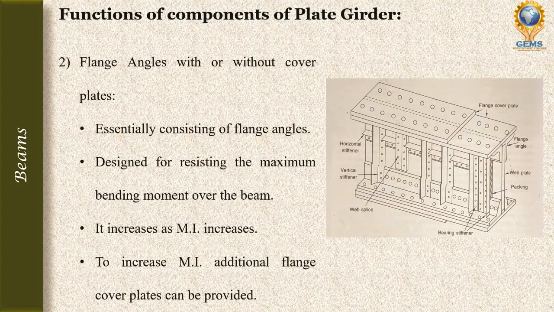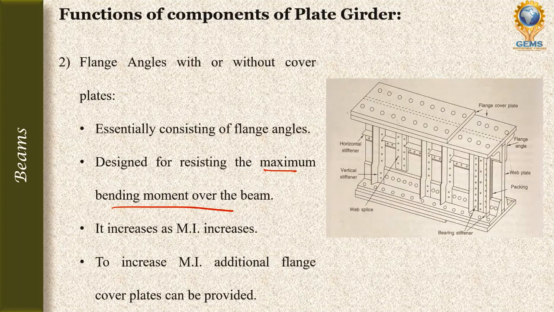Second component is flange angle with or without cover plate. Flanges essentially consist of flange angles. These flange angles are used to connect the web plate with the flange. It is designed for resisting the maximum bending moment over the beam. So the web resists the maximum shear force and the flange is designed for resisting the maximum bending moment.